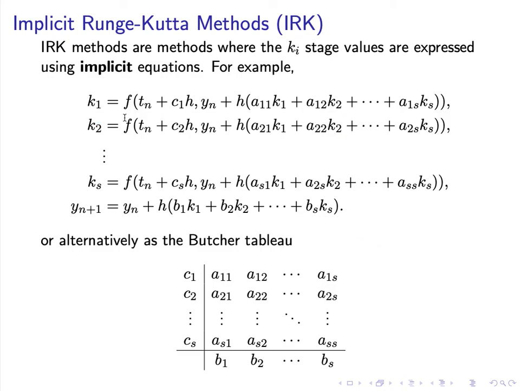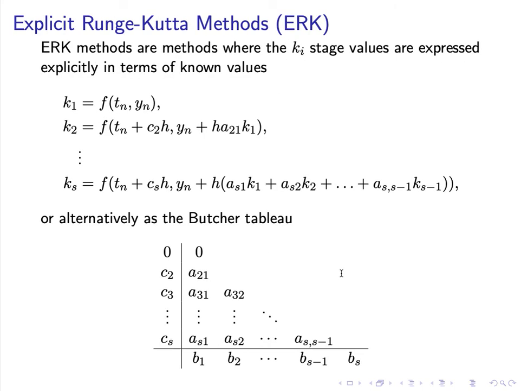So these are all implicit equations, and if we look at the Butcher tableau, we can see that the A matrix is no longer lower triangular, so we have non-zero elements on the main diagonal and perhaps in the upper triangular region. So those are the two main methods, explicit and implicit.